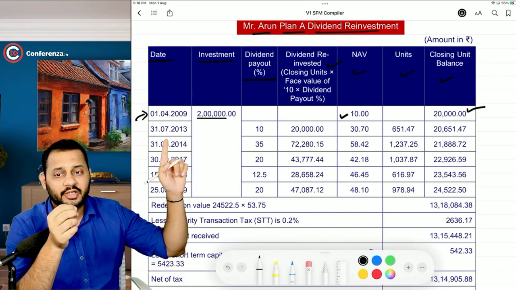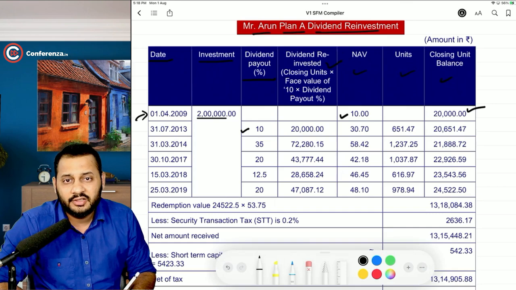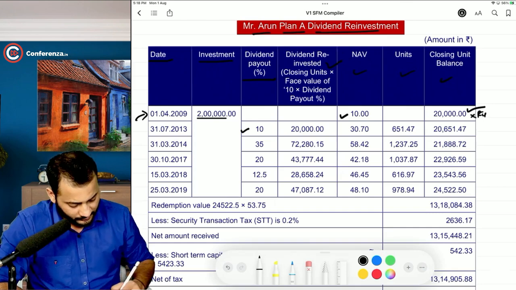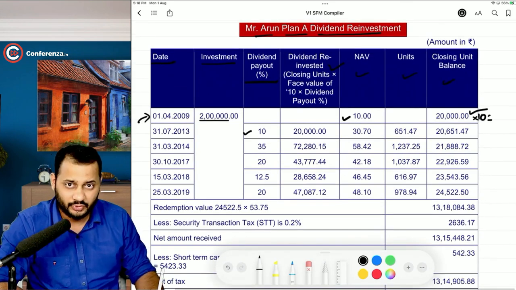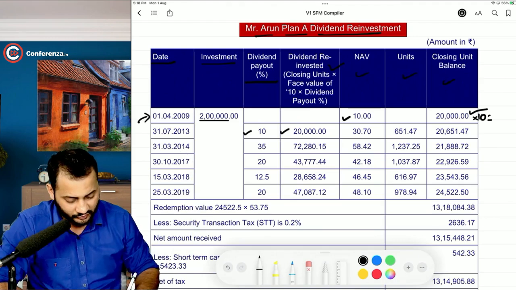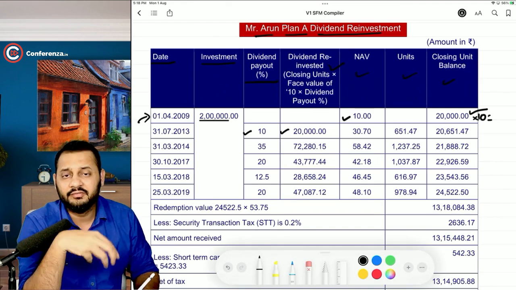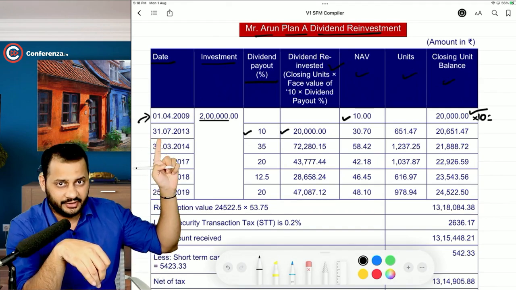But on 31st July 2013, 10% dividend was declared. So 10% of what? Sir, 20,000 into face value. Face value is 10. The closing number of units into face value. So that's 2 lakh. 2 lakh into 10% becomes 20,000 rupees. This 20,000 rupees dividend which has been declared is reinvested back on 31st July 2013.